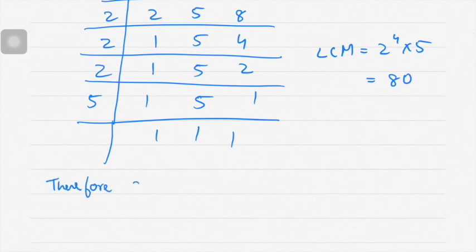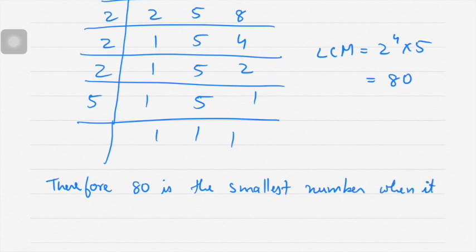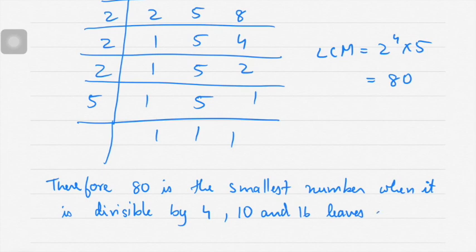So therefore, 80 is the smallest number which, when divided by 4, 10 and 16, leaves no remainder.